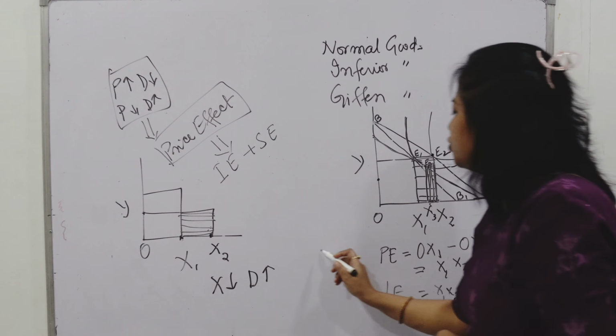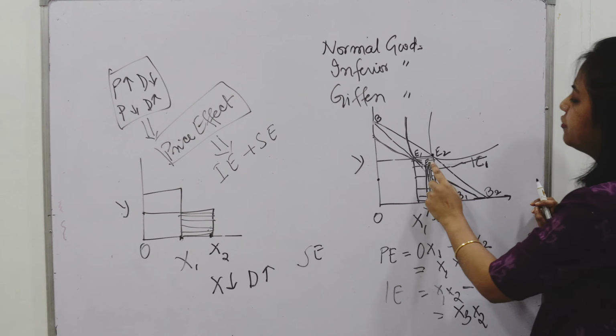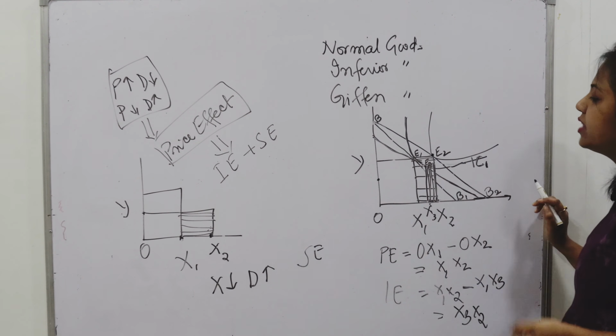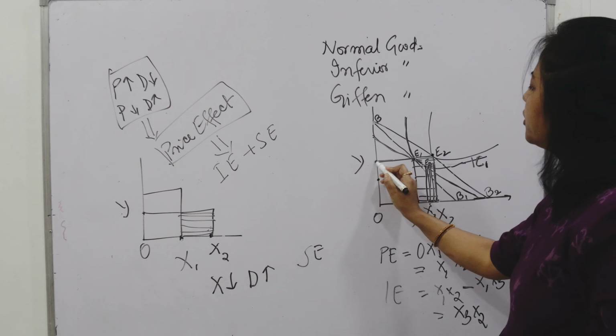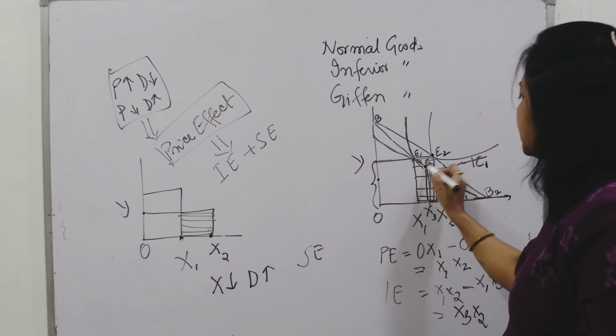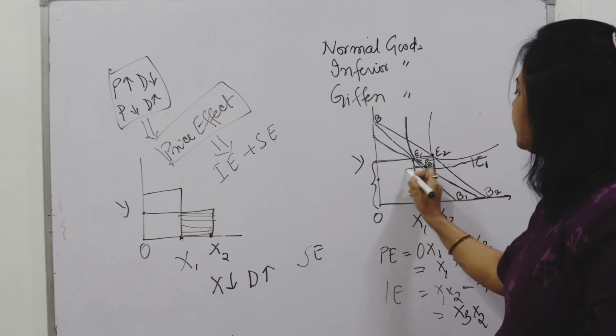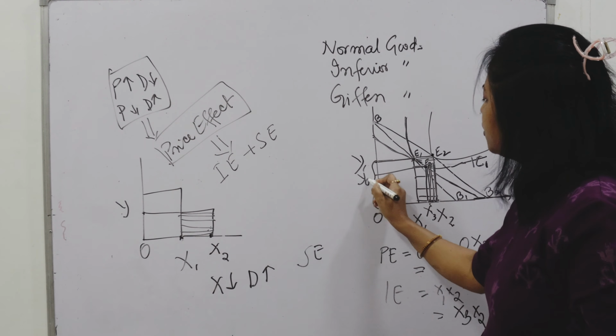Now comes the substitution effect. What is the substitution effect? You can see one thing: when I was originally buying, this much was my quantity of OY. But since I am at point E, my quantity has dropped from OY1 to OY0.